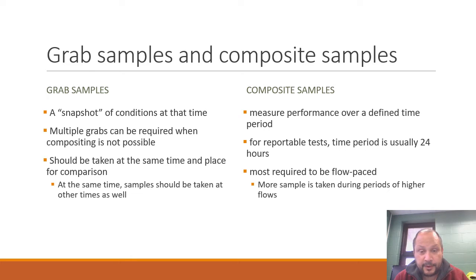For the purposes of reporting on our NPDES permit required testing, usually that time period is 24 hours, and usually those samples have to be flow paced, which means that when the flow is higher, more of a sample is collected. During lower periods of flow, say in the middle of the night, a smaller amount would be collected, so that when you put that composite sample together at the end of the day, it's going to be representative of what transpired over that 24-hour period.